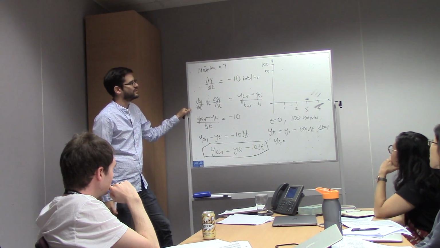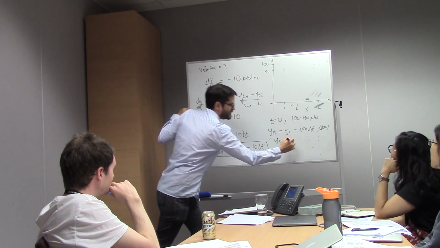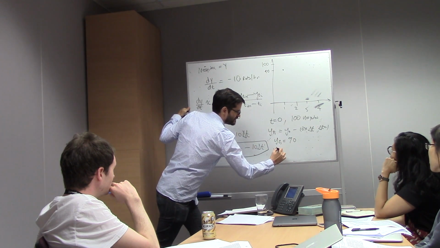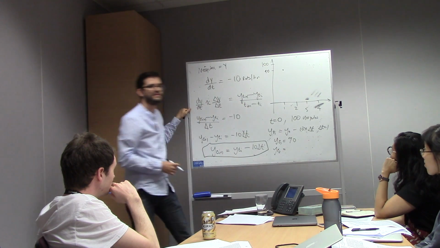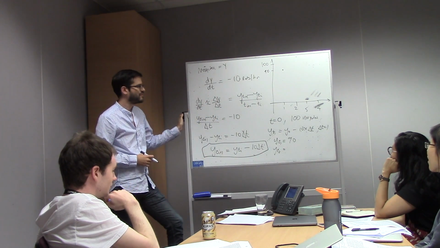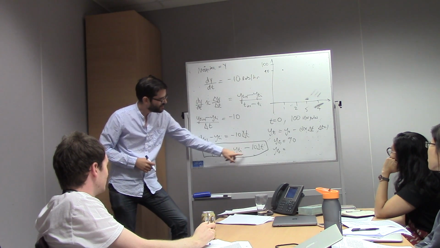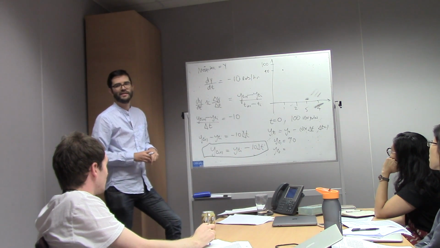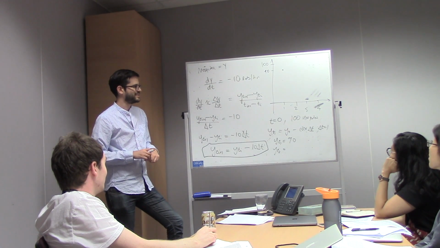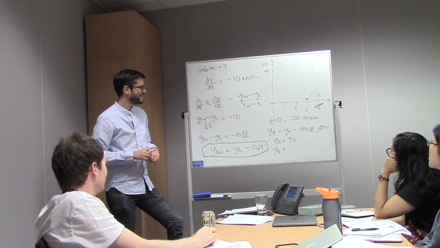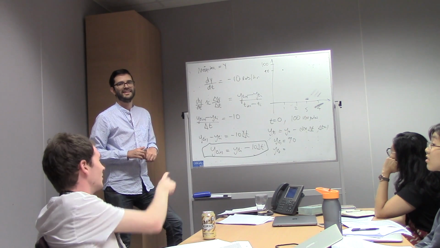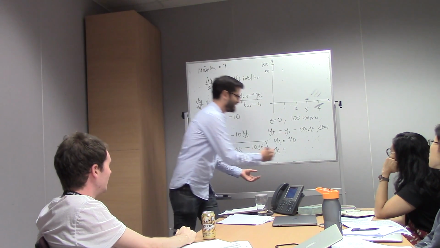What does y of t2 equal? Remember the equation: y of t2 equals y of t1 minus 10 times delta t. It's 80.